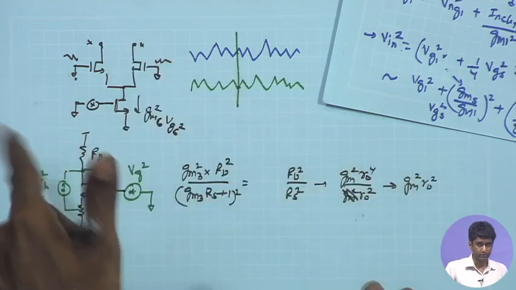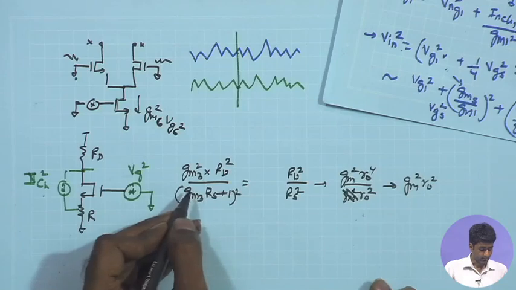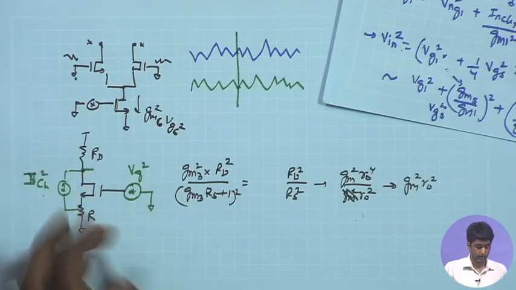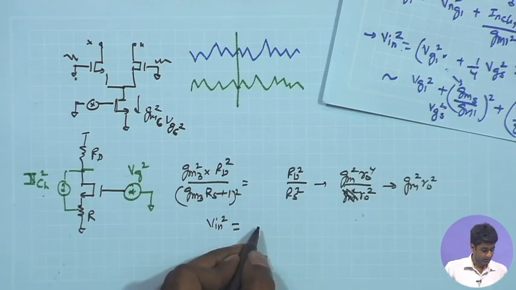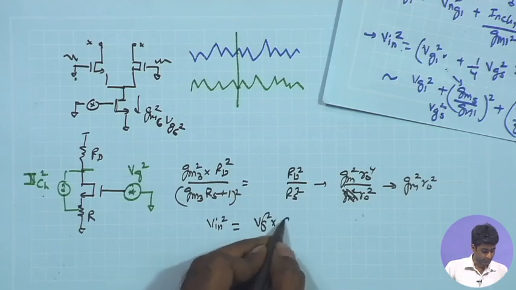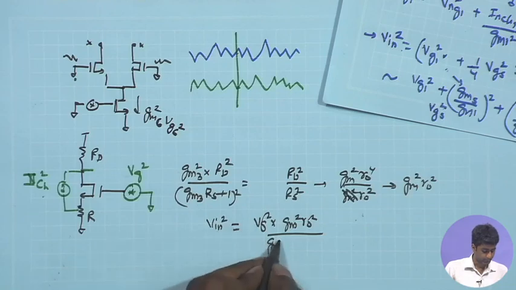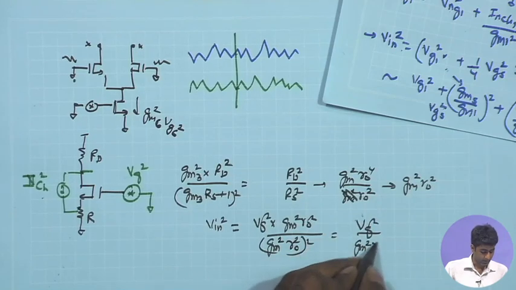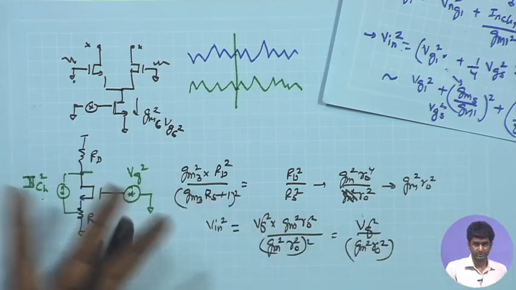Now if I look at the input referred noise, this needs to be divided by the overall gain, which is (gm RO) whole squared. So VIN squared, because of this, is going to be VG squared times gm squared RO squared divided by (gm squared RO squared) whole squared, and therefore this is going to be VG squared upon gm squared RO squared, which is a significantly smaller contribution as compared to other devices.